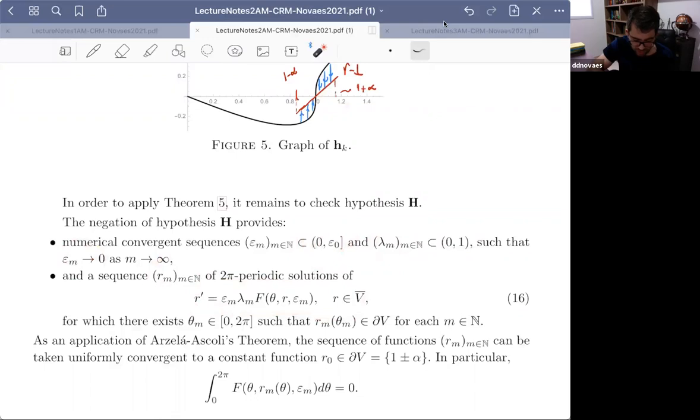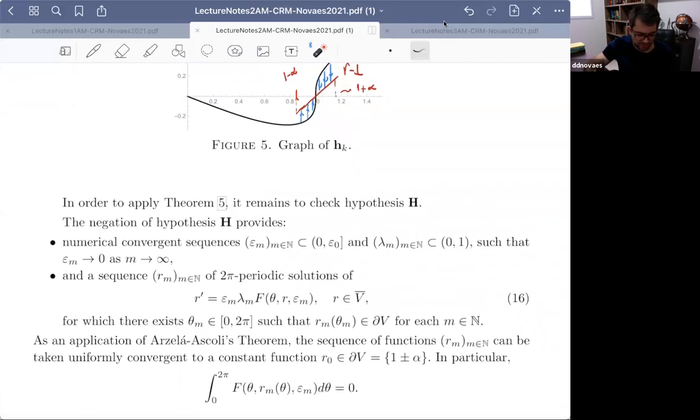So R_m, the image of R_m is contained in the closure of V, and the derivative of R_m satisfies this differential equation, and for which there exists an instant theta m belonging to 0 to pi, such that R_m of theta m belongs to the boundary of V. So that's the negation of hypothesis H.